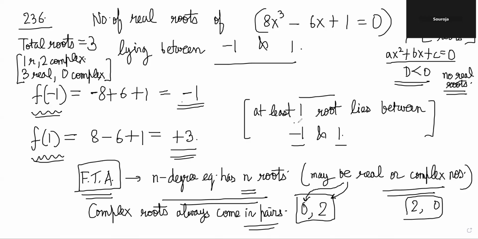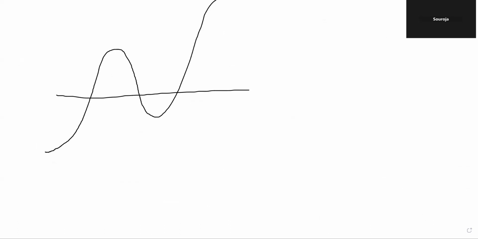So in this problem, right now we know that there is one real root between -1 and 1, but we have to confirm whether it is 1 or 3. Because it could be 3 real also, no? For example, look at the graph of a cubic. Graph of a cubic could be drawn like this.